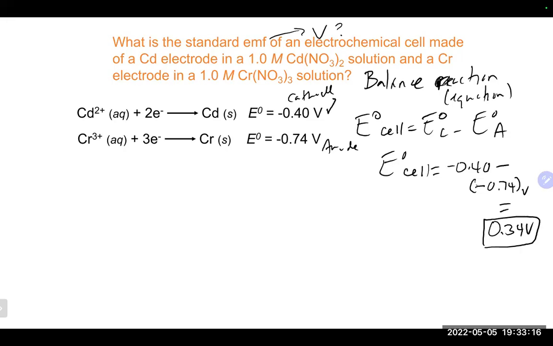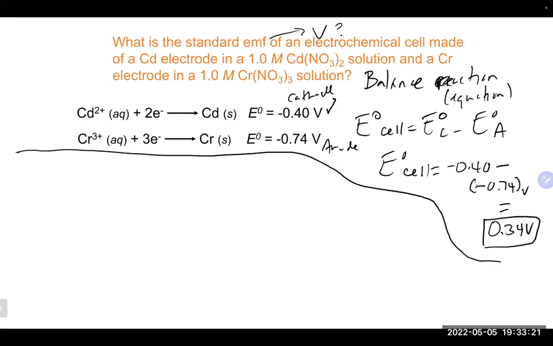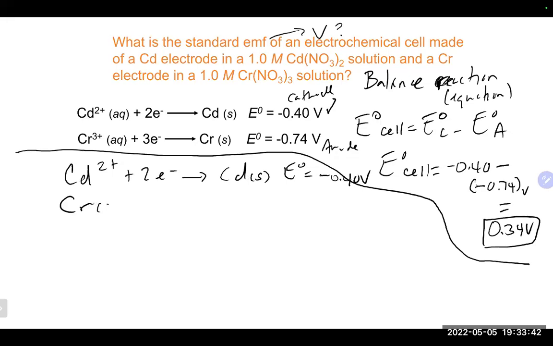Now, I also asked you to balance the equation. So technically speaking, just to show you the alternative way of getting there. In this case, because the first one is our cathode, it is written correctly, right? So it is written as a reduction reaction, which means the E there is going to be minus 0.4 volts. The second one actually needs to be reversed, which is the chromium.